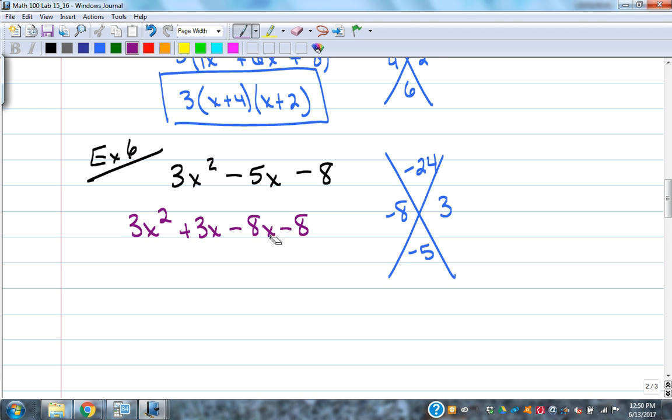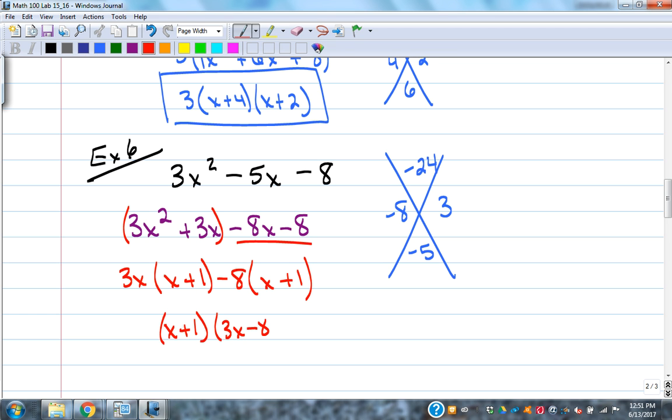It does not matter what order we put the 3x and the negative 8x in there. I just put them with the things that would be similar to them. That leaves us 3x, x plus 1, minus 8, x plus 1. And then our factors are x plus 1, 3x minus 8.